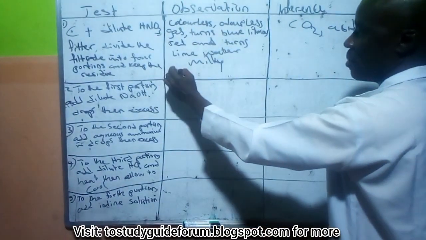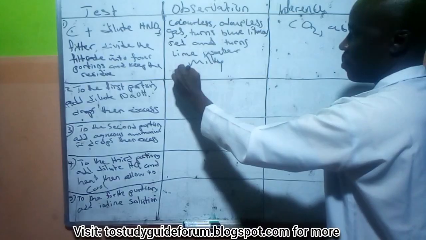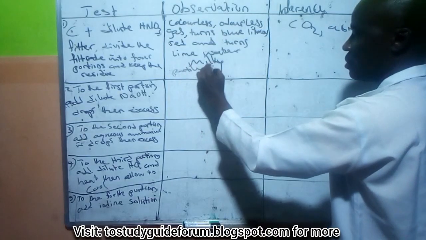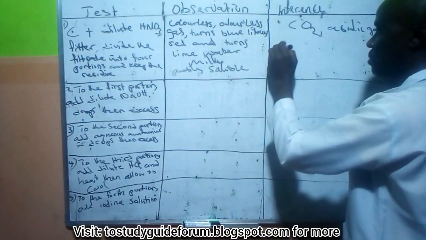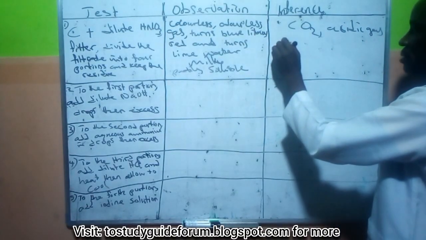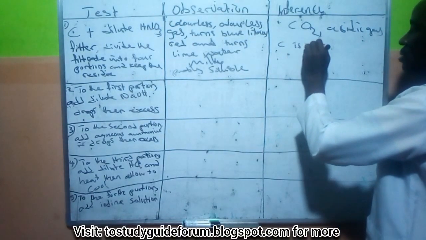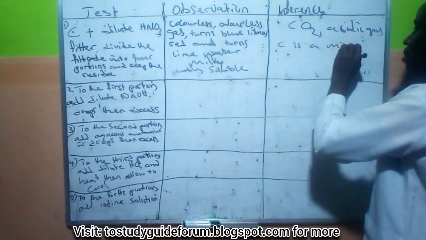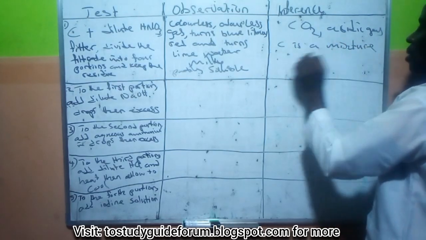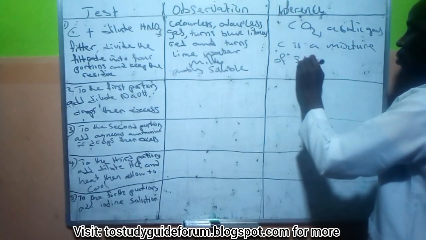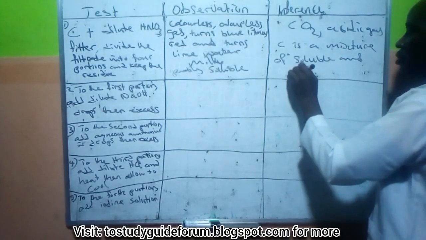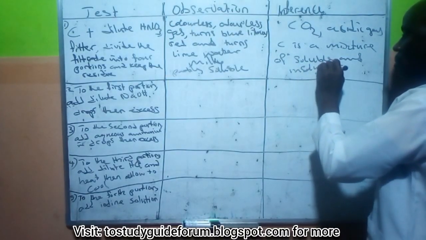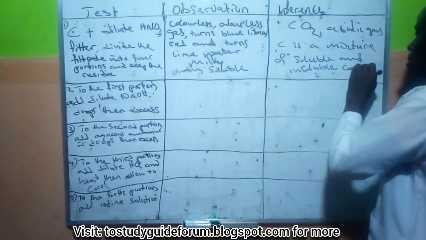We have partially soluble, which means the compound C is a mixture of a soluble and an insoluble compound.